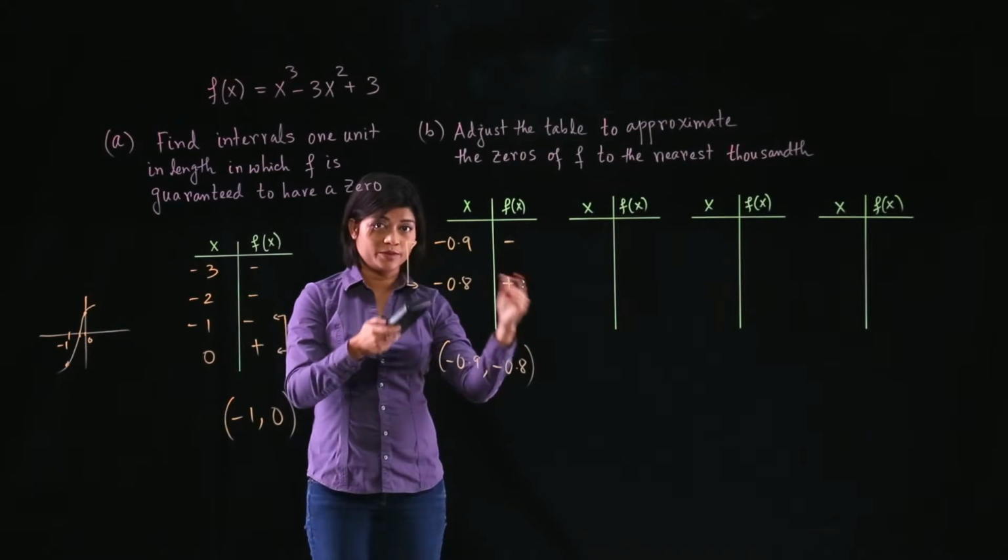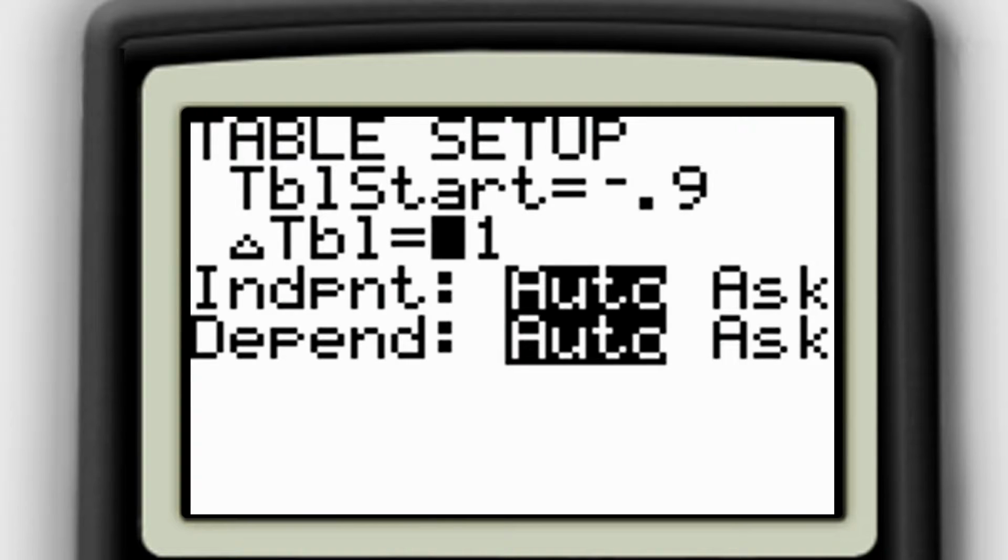Okay, let's change your table again. What should we do now? Well, go to your table feature and now plug in -0.9 as the starting point, and change the length of the interval to be 0.01, and hit enter.